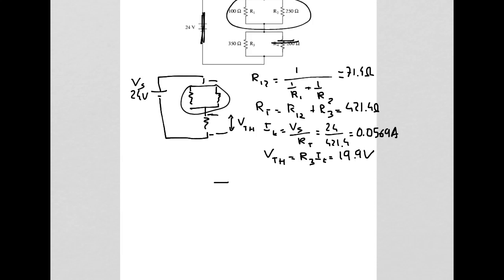So you'll have your power supply here where R4 was, and then R3 is in parallel with R4, then R1, then R2.